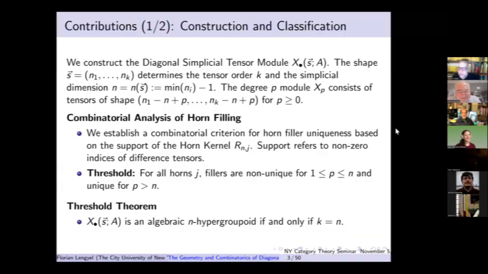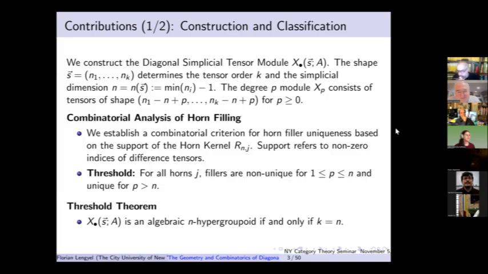So what I'll describe is a functor, the diagonal simplicial tensor module, which depends on what's known as a shape, at least in computing, a set of parameters for the axes, in this case k axes. That's the order of the tensor.